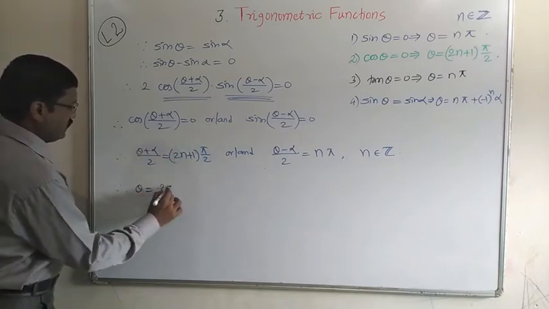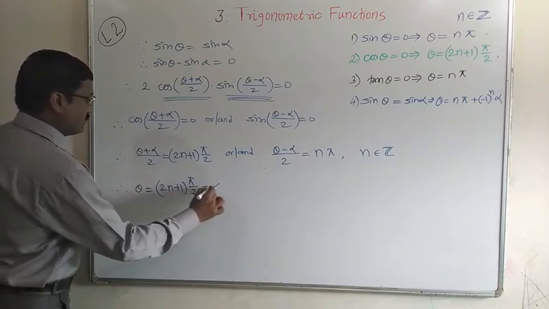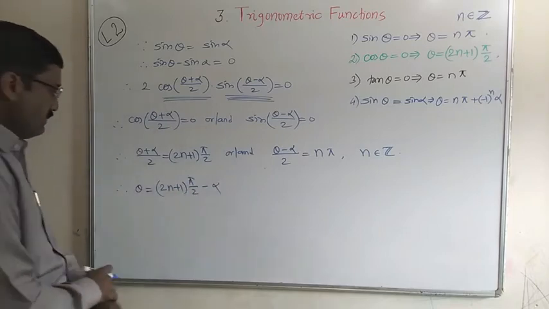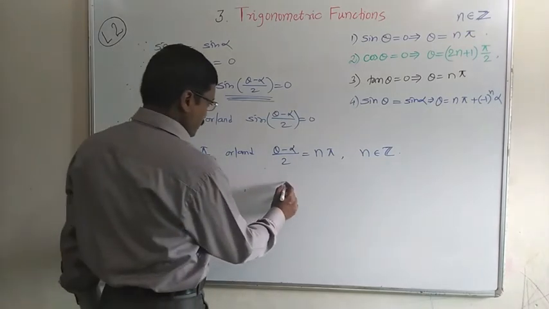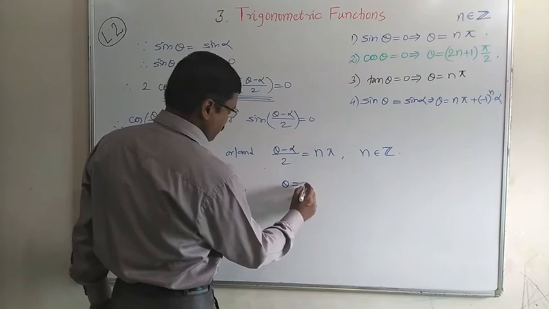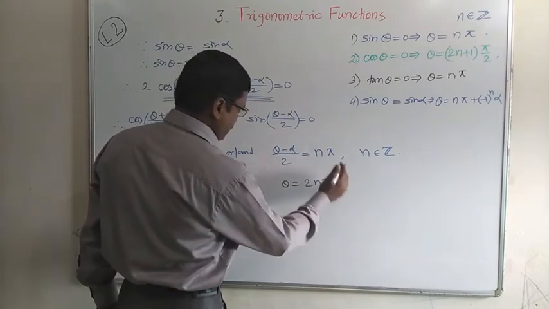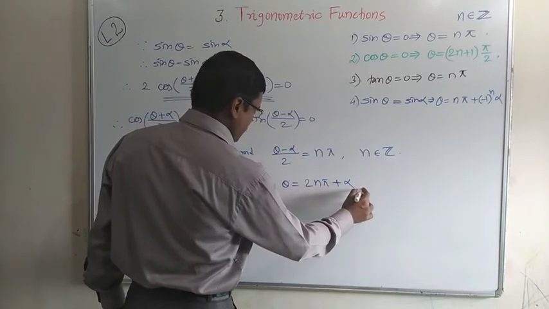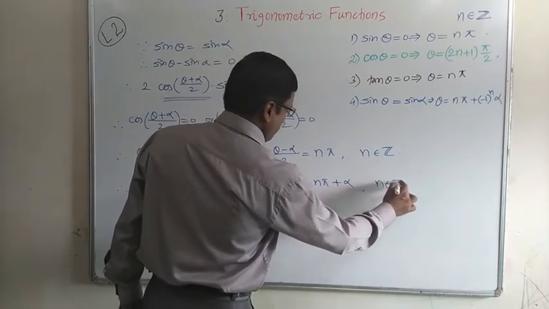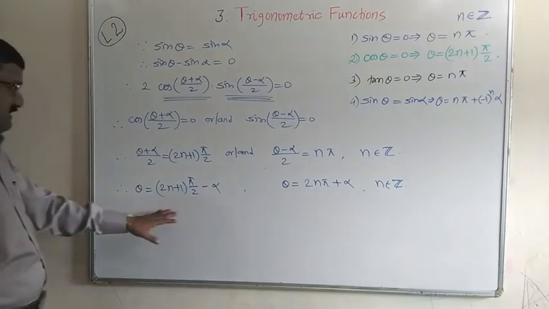So it is an odd multiple of pi by 2 minus alpha. And in the second case we get theta is equal to 2n pi plus alpha, where n belongs to the set of integers. So here theta is this and this.